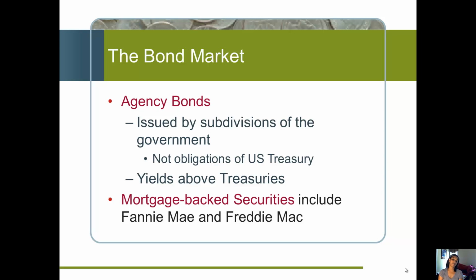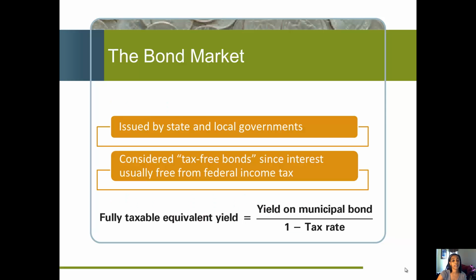Specifically, Fannie and Freddie securities are going to be considered mortgage-backed securities. So an agency bond in a very general context is one that's issued by a subdivision of the government, but other than Fannie and Freddie. And actually, Fannie and Freddie are largely private now, so that also makes them a little bit different.